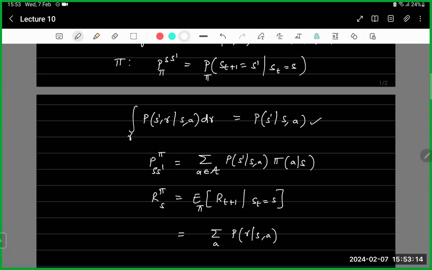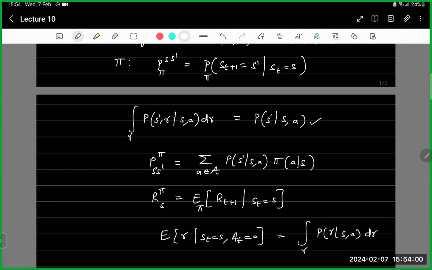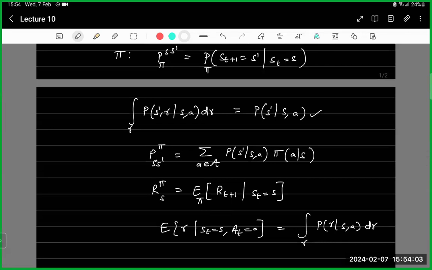So if I just do this, what will I get? I should first find the expected reward if I'm in some state S and take action A. How can I find this? The integral over R of R times P of R given S comma A dR. Yeah, the expected reward.